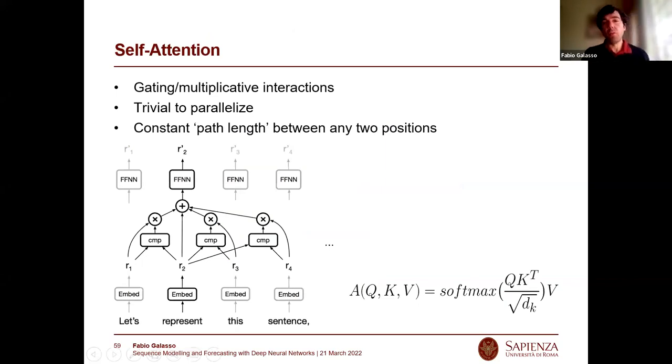The basic equation of the transformers tells you that in order to predict, you consider each element and you compare each element with all of the others. And based on this comparison, you weight the combination of all the others. Of course, this picture is actually wrong because this is just a basic transformer.